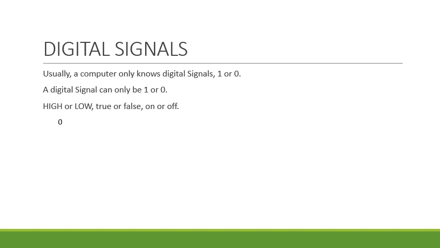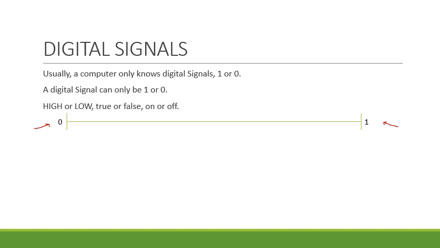Now let me bring in a diagram to help us understand this. You can see here we have 0 and here we have 1. So now a digital signal is either 0 or 1.